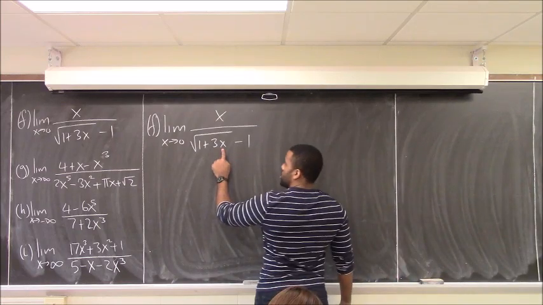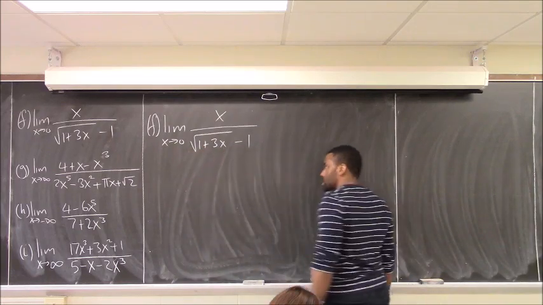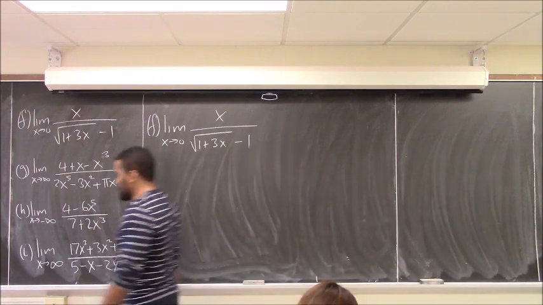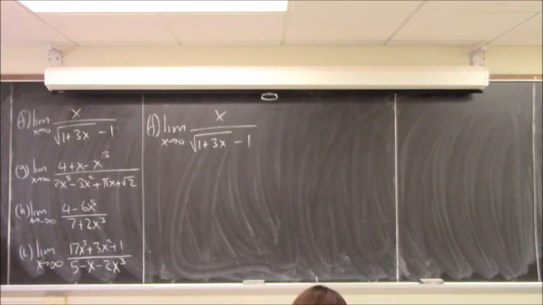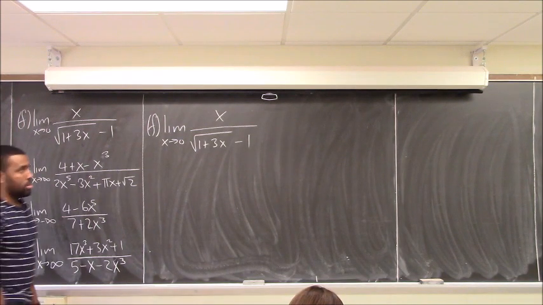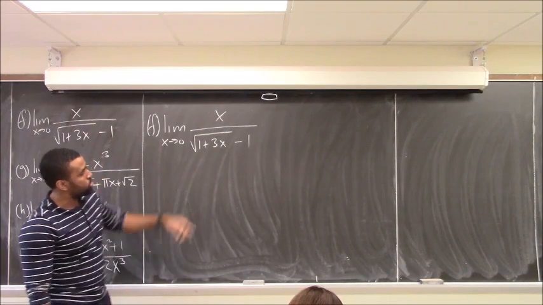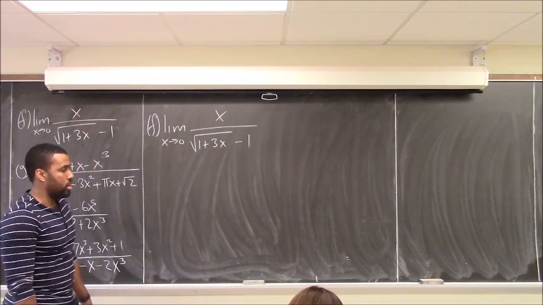Because you plug in x equals 0, you get radical of 1 minus 1, which is 0. So you have to rationalize the expression. So we want to simplify that. Factoring, you might see, is very difficult, but you should remember you can rationalize things with 2 terms, especially if you want to get a square in there.